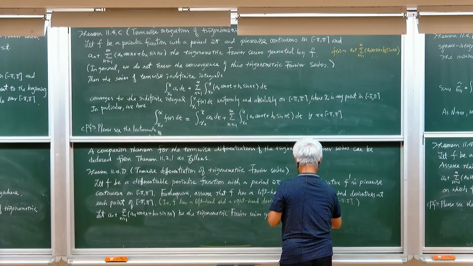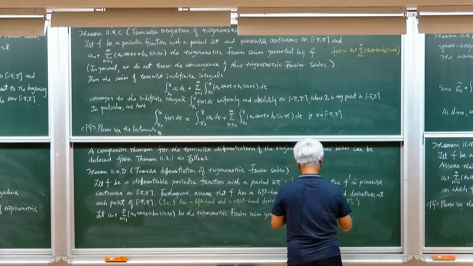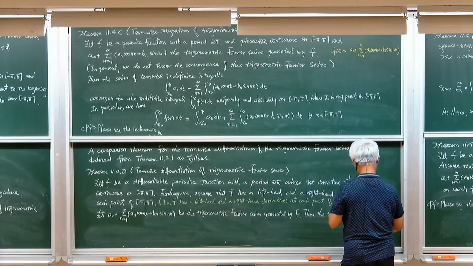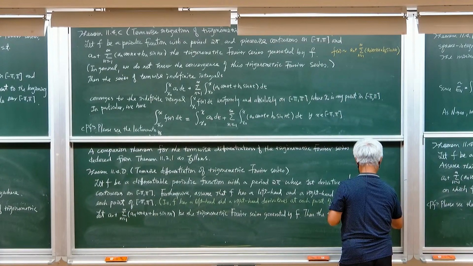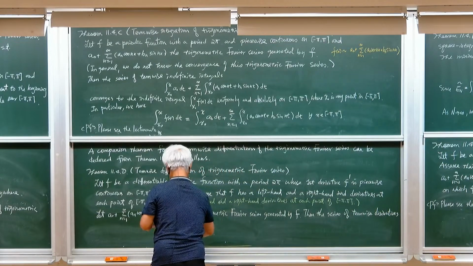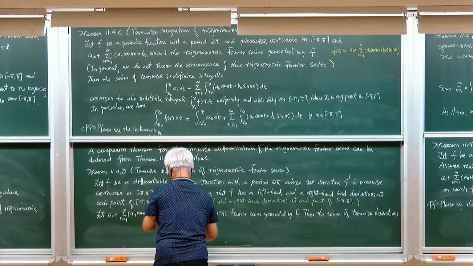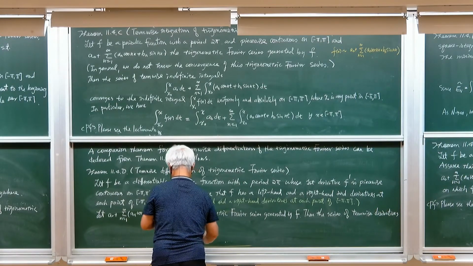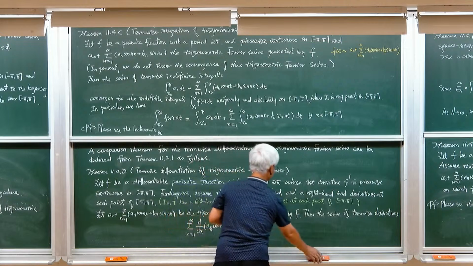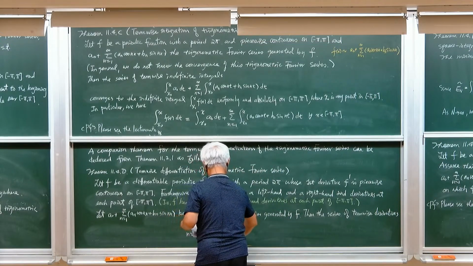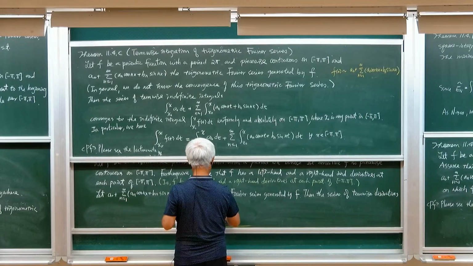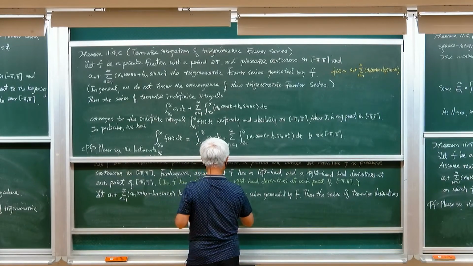Then the series of termwise derivatives, summation n from 1 to infinity of the derivative of an cosine nx plus bn sin nx.